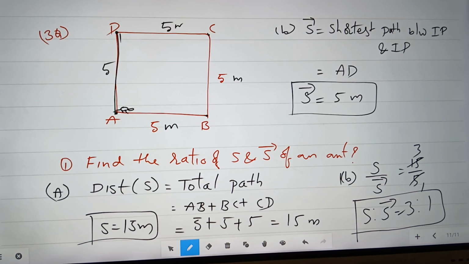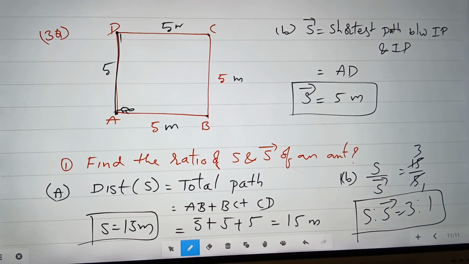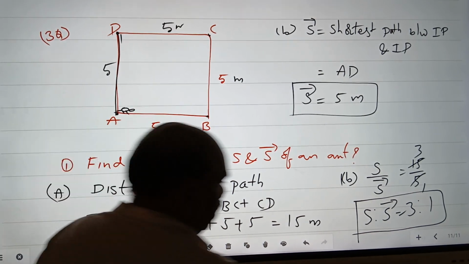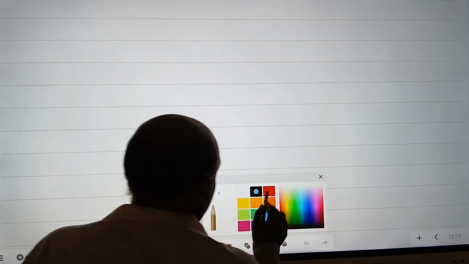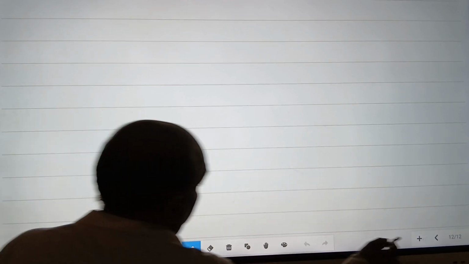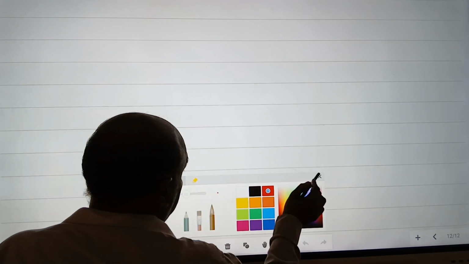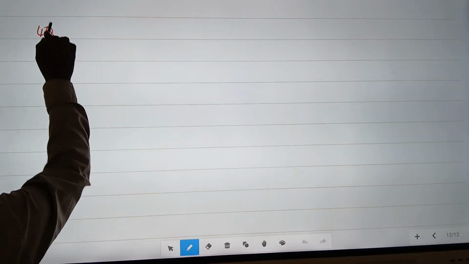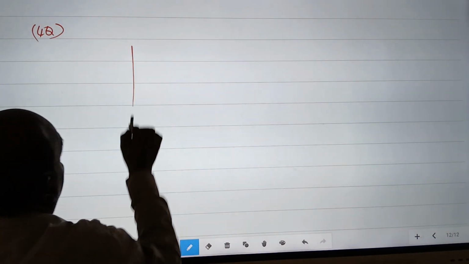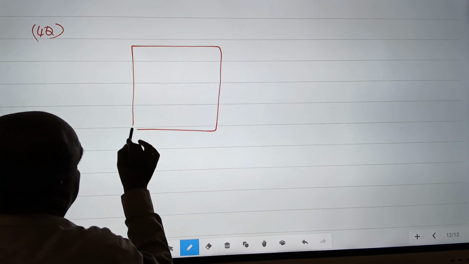Next question. Question number 4. Now, this is a cube.